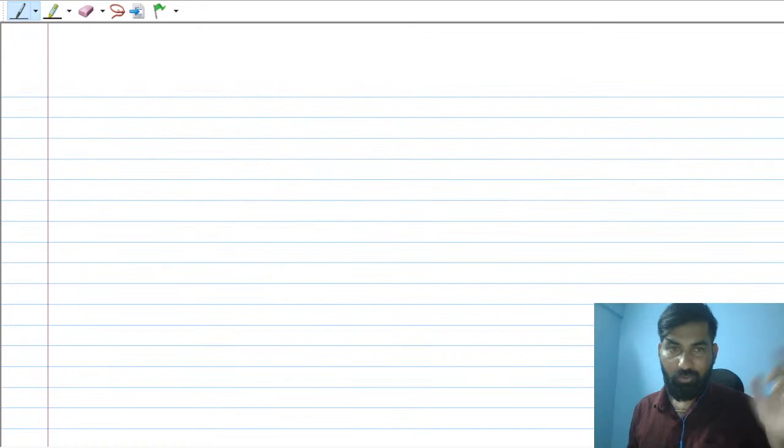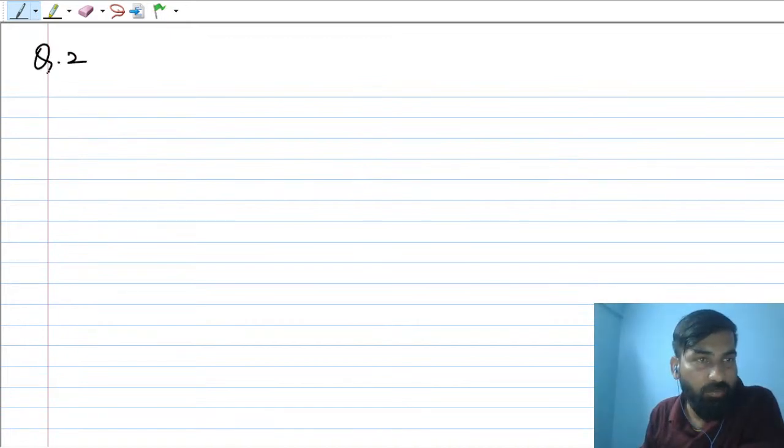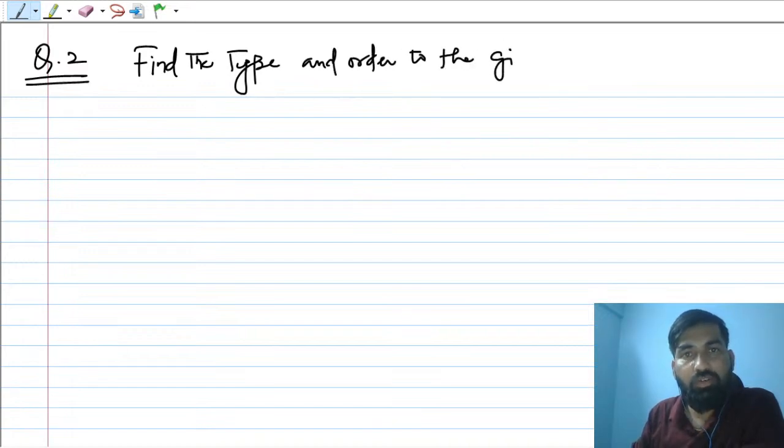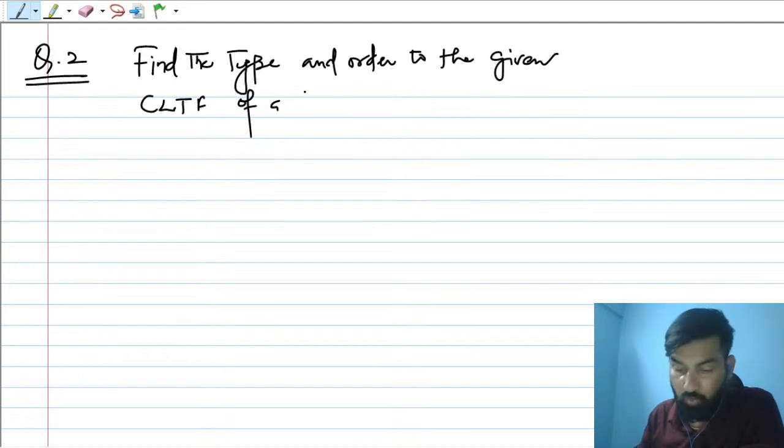So I'm going to take one question and then we will try to investigate the system gain. What is the question here? Question number 2: find the type and order of the given closed loop transfer function of a unity feedback system, right?